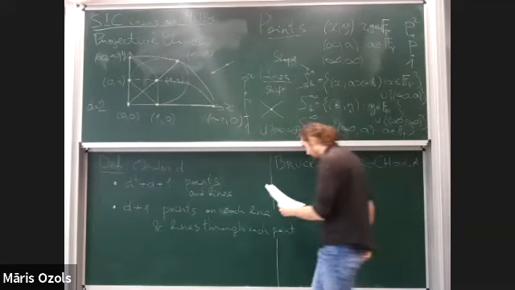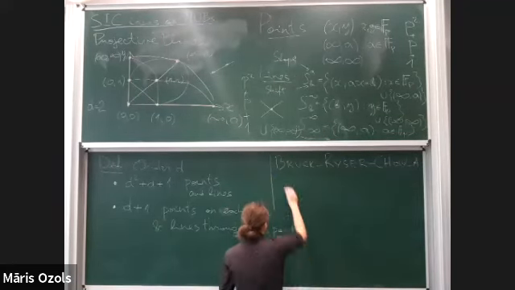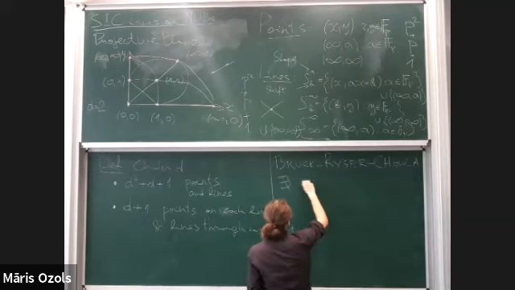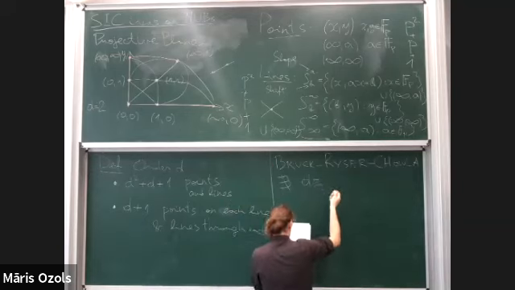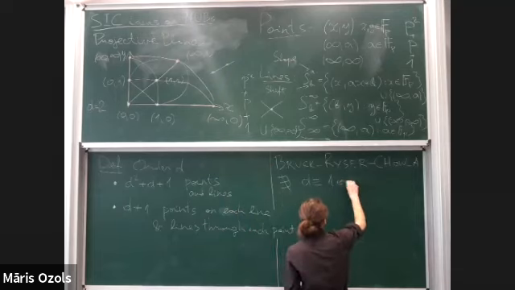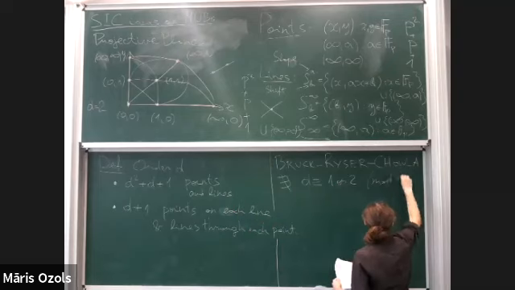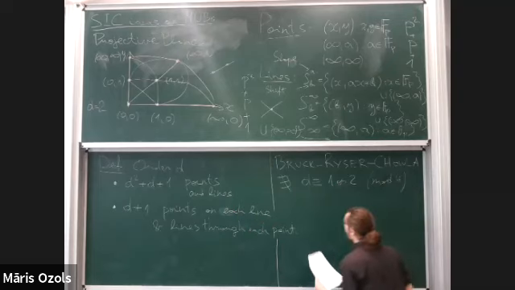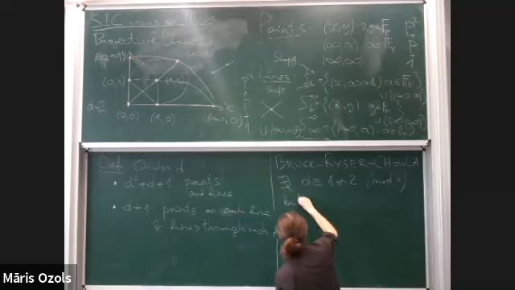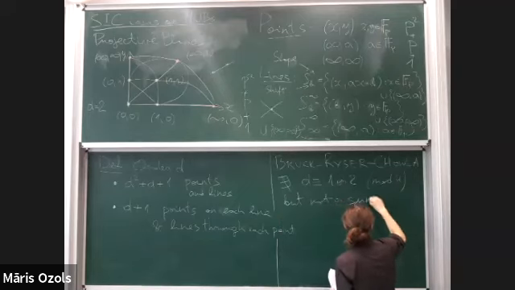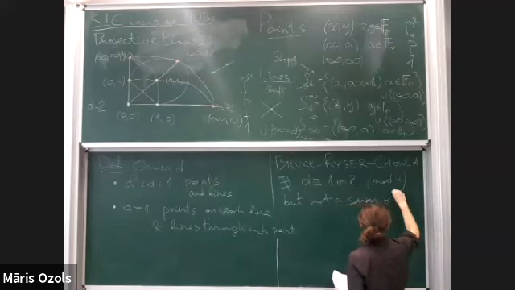What it says is that this projective plane does not exist if d is congruent to 1 or 2 modulo 4, but not a sum of 2 squares.